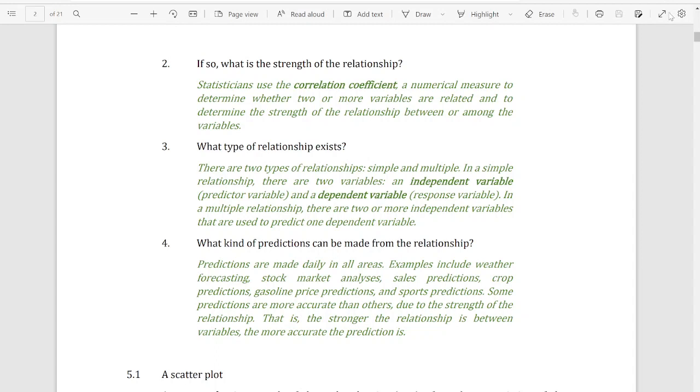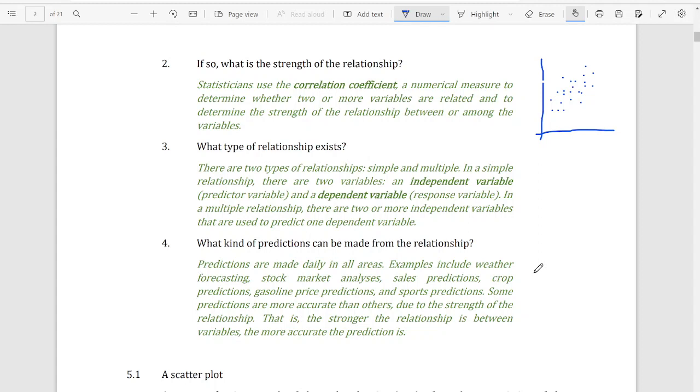So contohnya kalau katakan you ada graphical display, saya tak ada saya punya pen pula. So let's say you have a graphical display and you display, and then you see that the graph is something like this. Okay, you see that the point here, is it moving upward or downward?